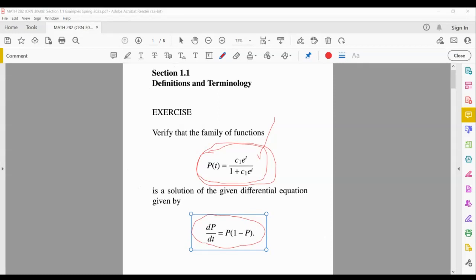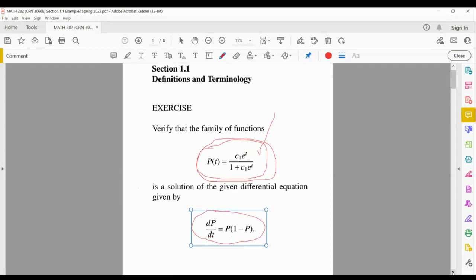So we're going to take this function P and differentiate it and see if we can get the differential equation below.